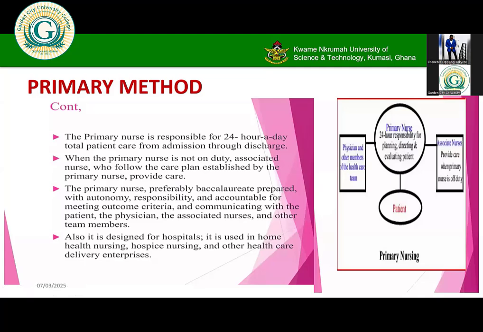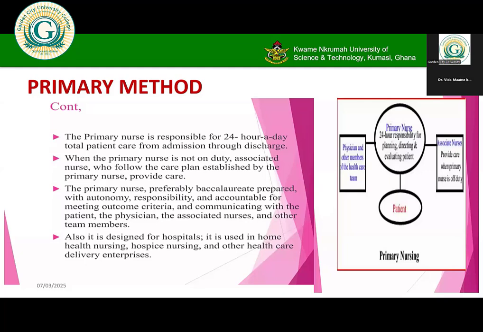Okay. In this diagram, we have the primary nurse, 24-hour responsible for planning and direct care, but we also have the associate nurse. He or she provides care when the primary nurse is off duty. Can you see the diagram? Yes, madam.